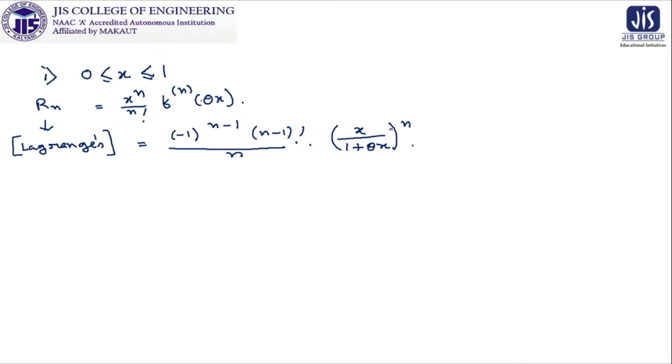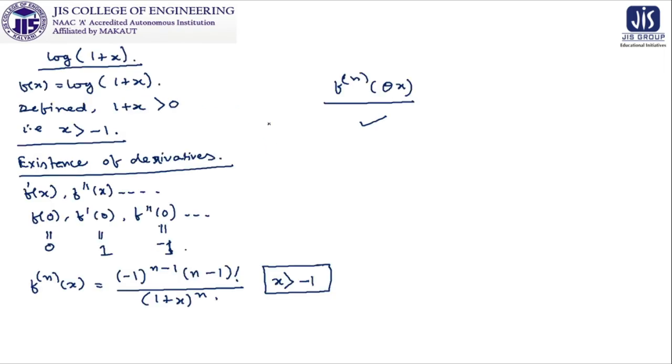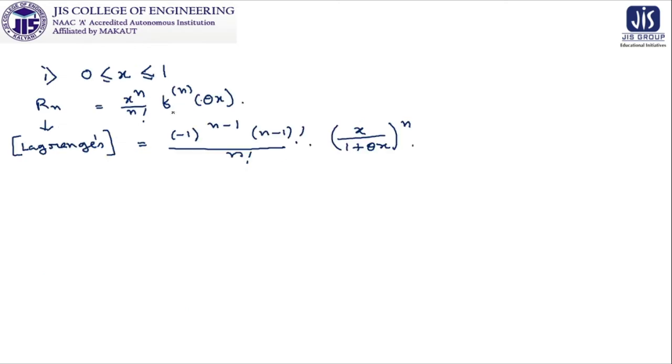Actually we can make it simplified, that is not an issue, but because we get f^n(theta x), here we get n minus 1 factorial, and in x to the power n by n factorial we get n factorial. The thing is that we have to prove that R_n moves towards 0 as n tends to infinity, only then can the existence be claimed.